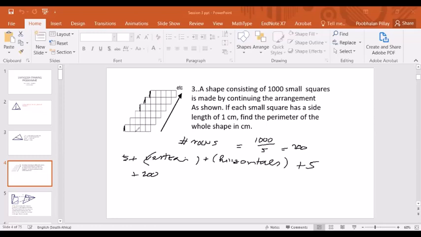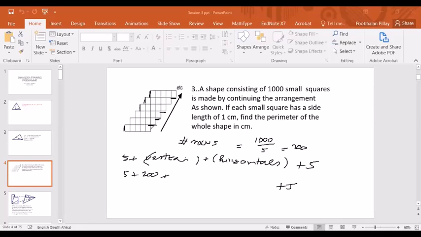Okay, now you go along this. That 5 we've already taken care of. And then you have the horizontals. Now the horizontal, you don't count this horizontal because it's already counted here. You can count this one, that one, that one, and so on all the way up to this. Oh, wait a minute.